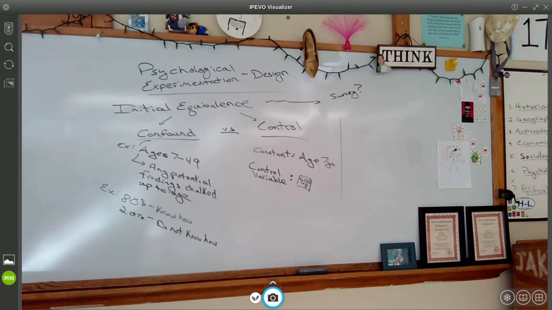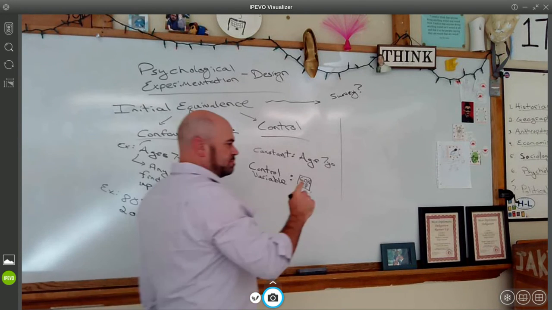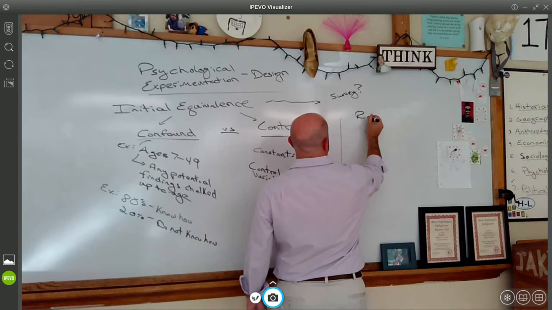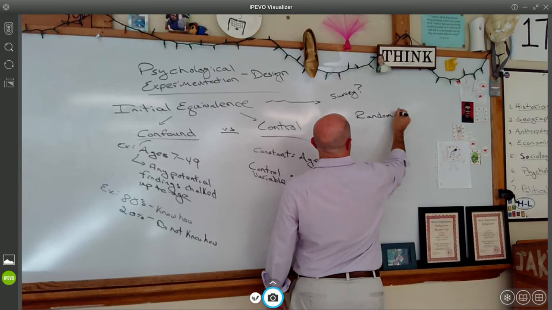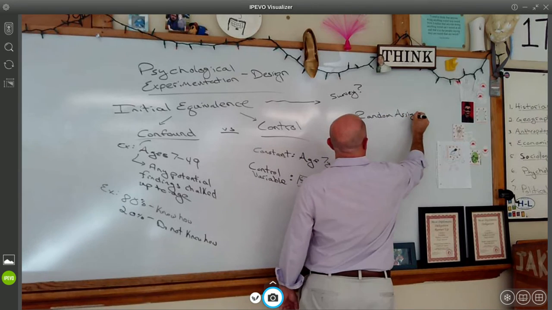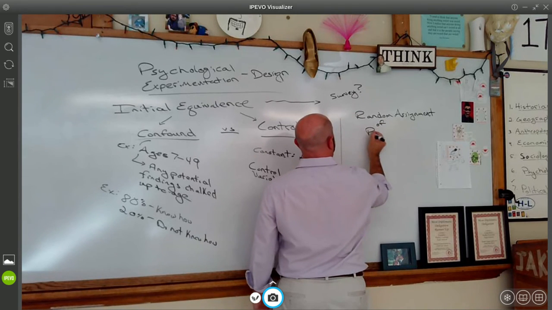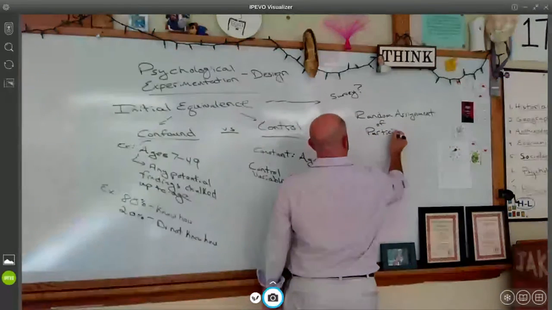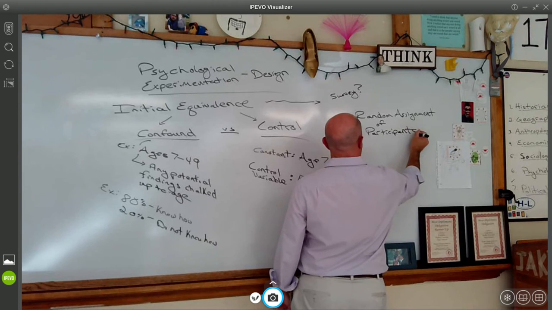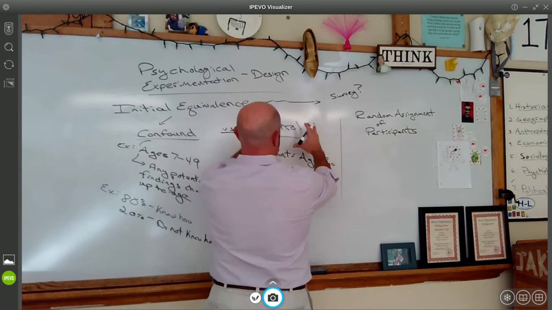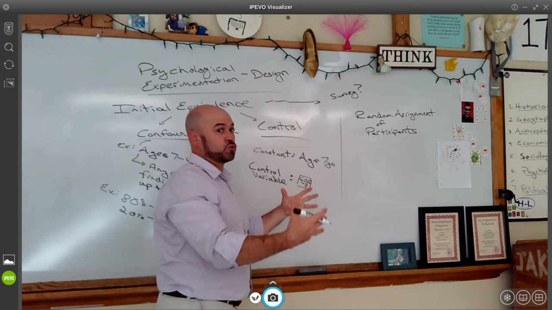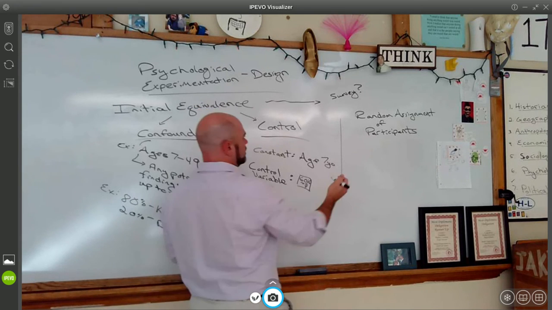And then we are going to randomly assign, and that is big here, a random assignment of our participants. So once I have my participant group and I say most of my participants are roughly the same, then we have sort of controlled the participant group, if you want to think of it like that.